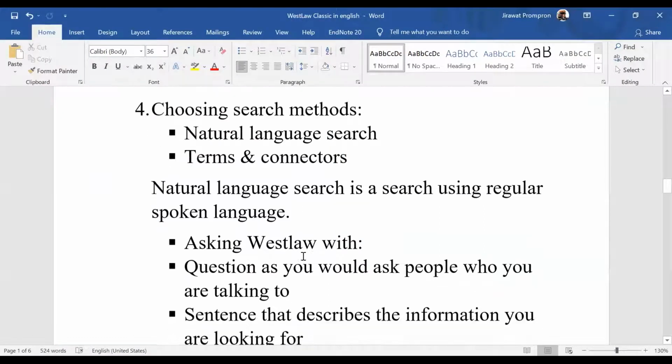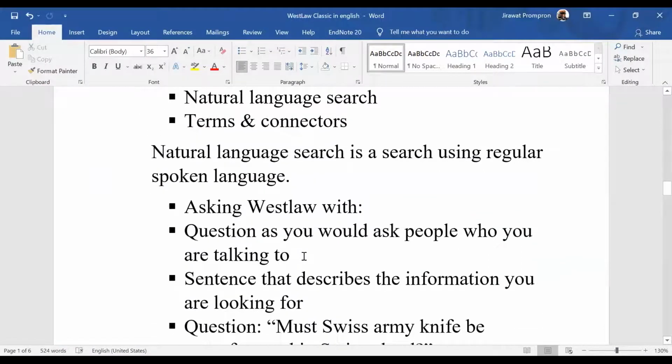The natural language search is very easy to start with. I like this one. Natural language search means you search by using spoken language, spoken English. To give you a bit more understanding, it is like asking a question to your friend or to your advisor about legal topics.